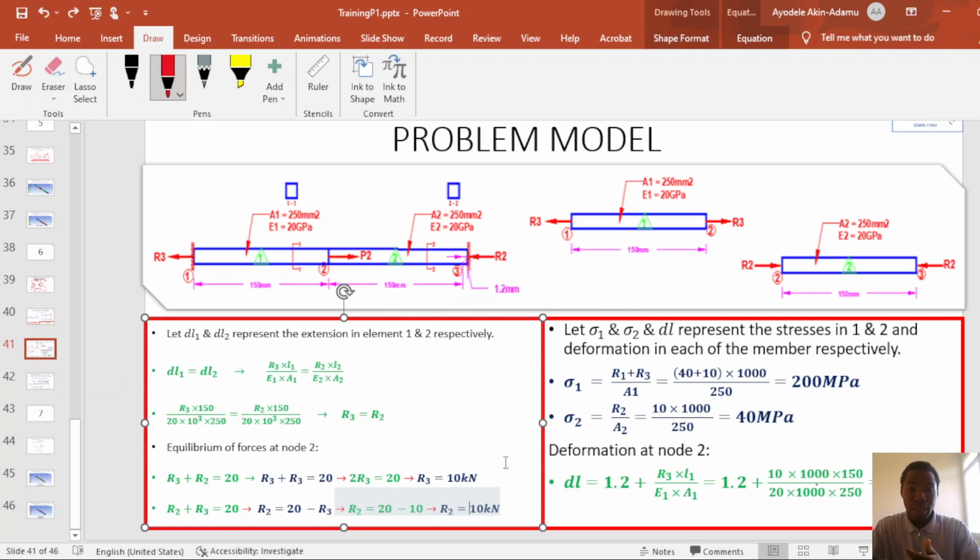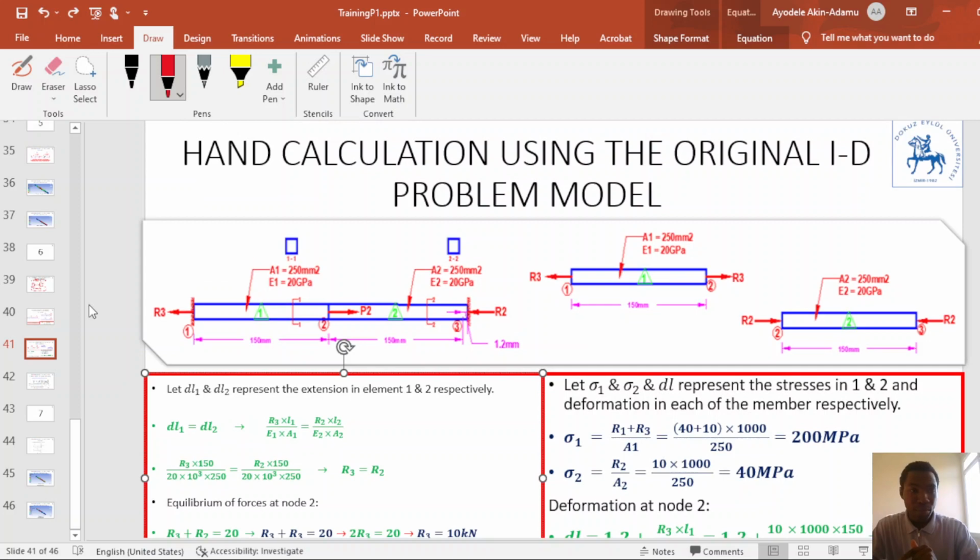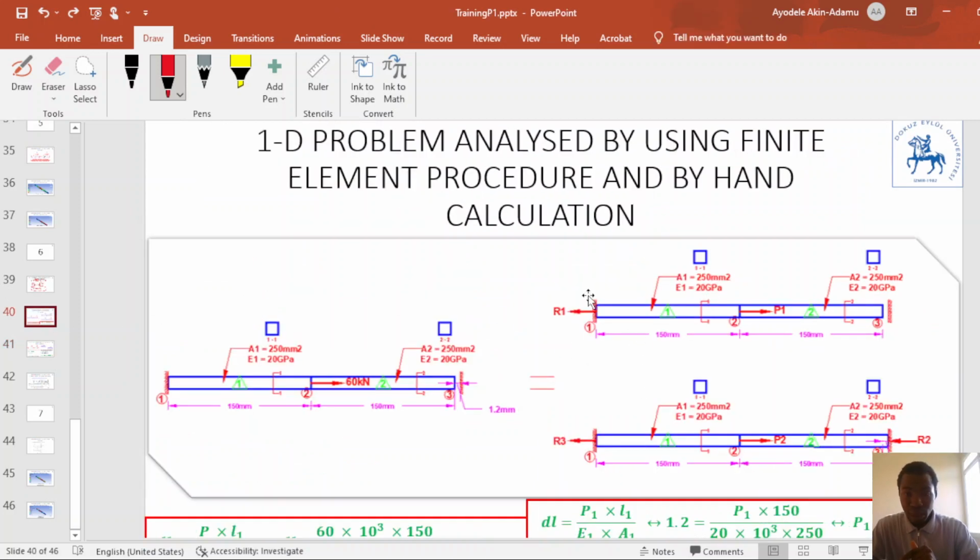So the total reaction at node 1, R3 is 10 kilonewton, this R3 here is 10 kilonewton, R2 here is 10 kilonewton. If I go back to my previous slide, the total reaction at node 1 is equivalent to R1 plus R3.